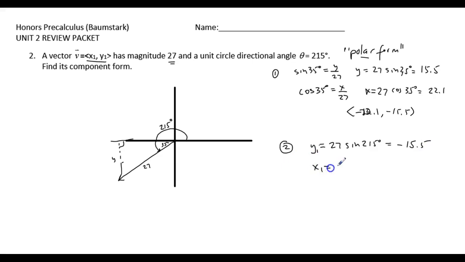And then x would be 27 times the cosine of that full unit circle angle, and that would get us negative 22.1. So you get the same answer. One's a little more foolproof. One relies on right triangle trig ideas. One relies more on unit circle ideas. But either one works here.